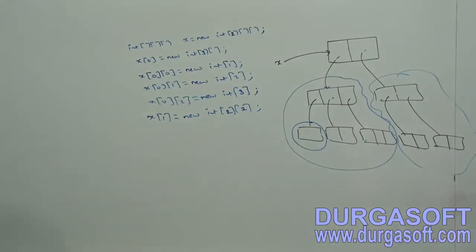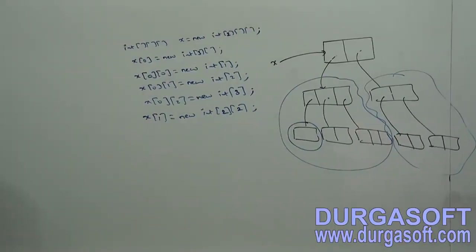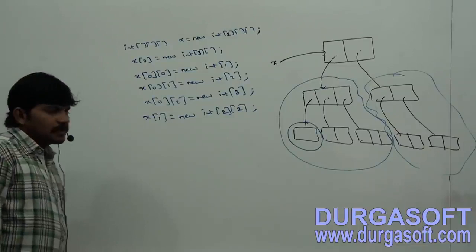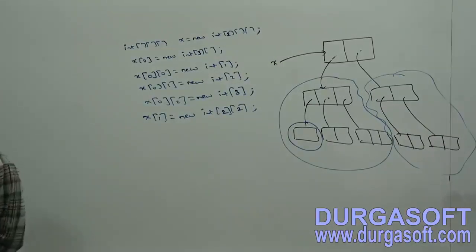Into three-dimensional array x is equal to new three-dimensional array of 2. x of 0 is equal to new int of 3, x of 0 0, new int of 1 2 3, followed by 2 2. Completed, right?